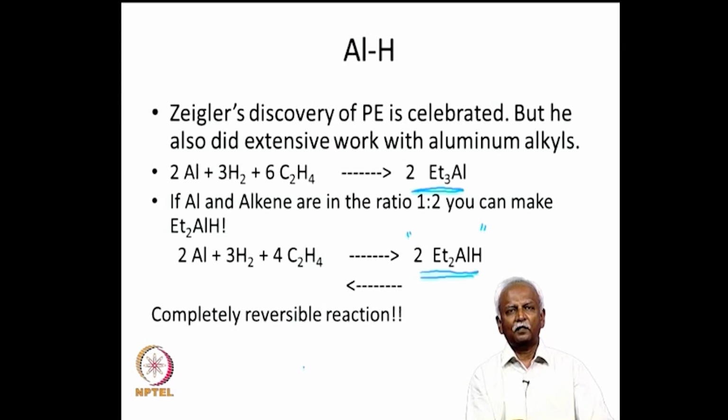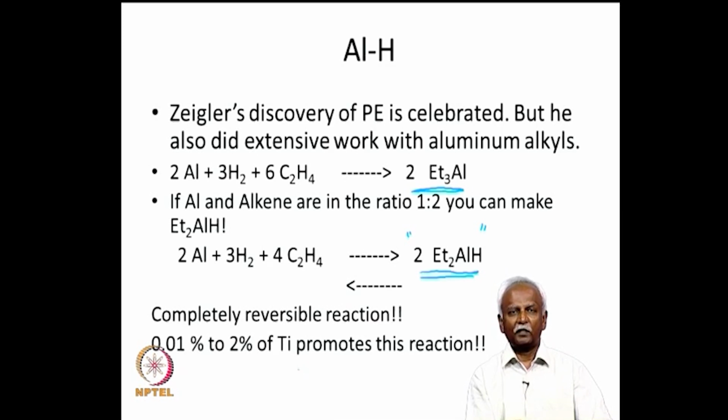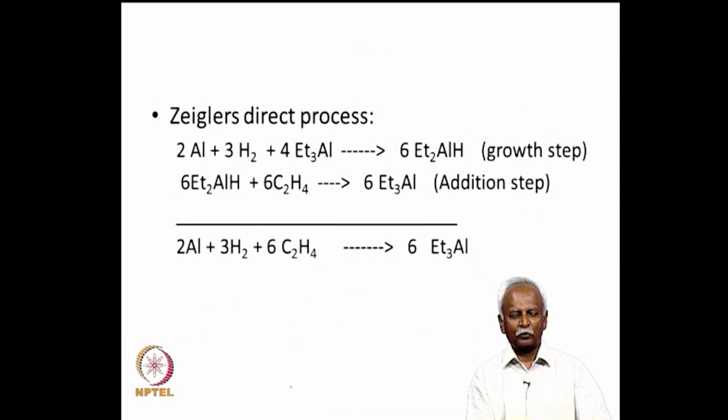Another interesting fact is that this reaction is completely reversible, and the reaction can go in the backward direction as well. And the last important point is that a small amount of titanium promotes this reaction. So, you will notice that the Ziegler-Natta reaction is catalyzed by or promoted by aluminum, and the hydroalumination that was discovered by Ziegler was promoted by titanium.